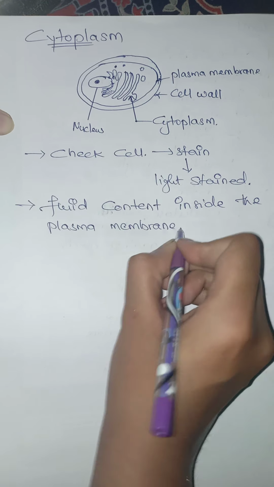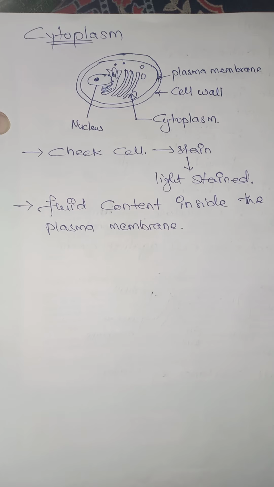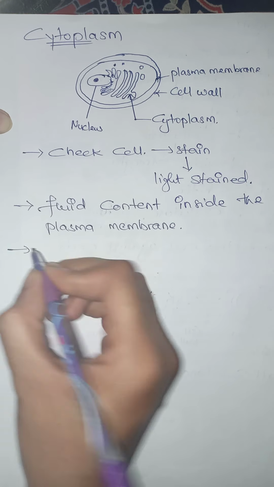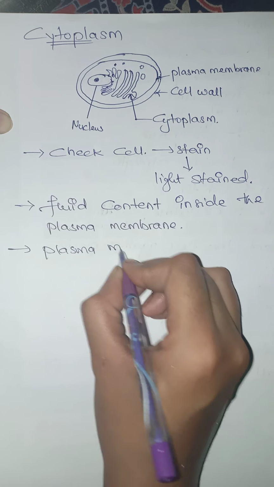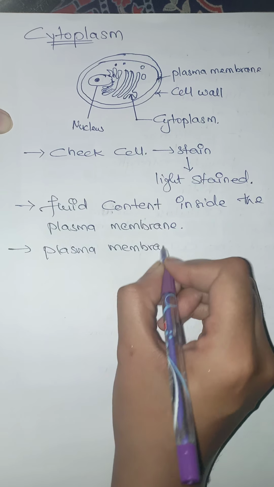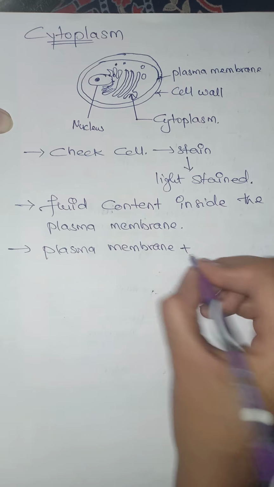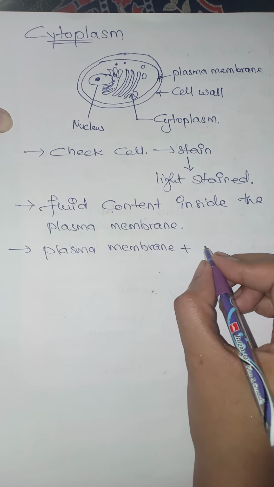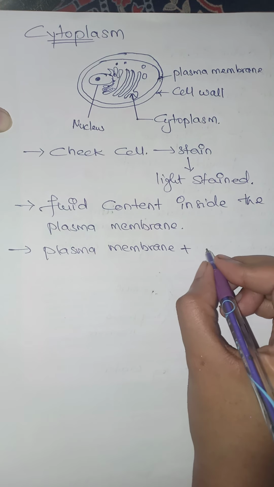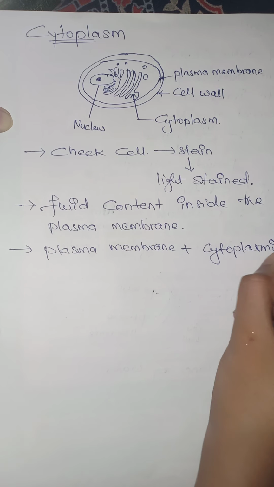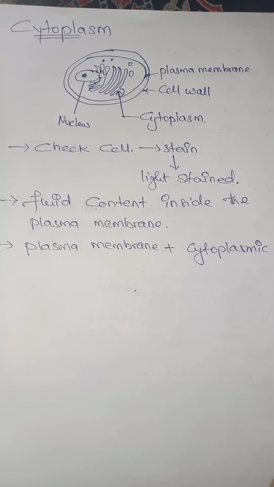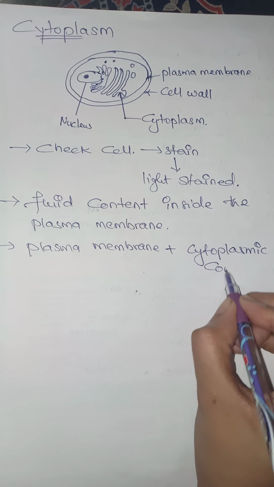And there is a word used for the plasma membrane plus all the organelles inside the cytoplasm, that is, the plasma membrane plus all the cytoplasmic content.